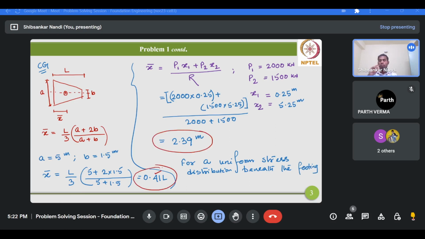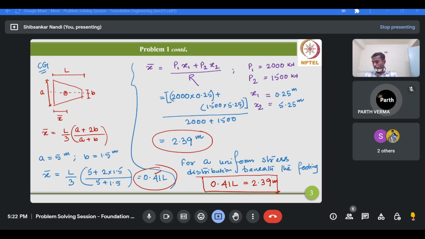The resultant of the applied loads should pass through the CG of the cross section. If it doesn't, there will be an externally applied moment, and the distribution of stress beneath the footing will no more be uniform. Therefore this 0.41 L should be equated to 2.39 meter. Please work out what would be the value for L.